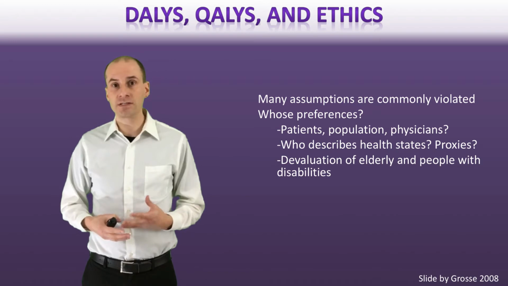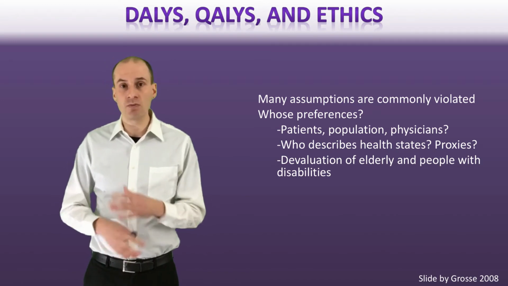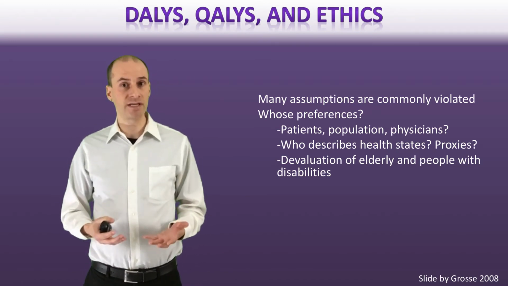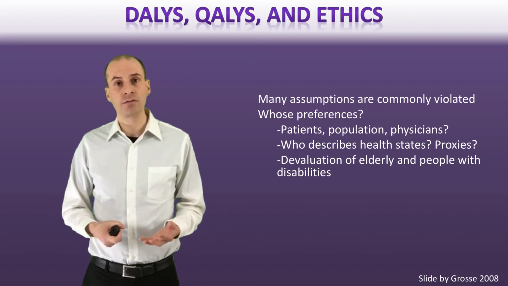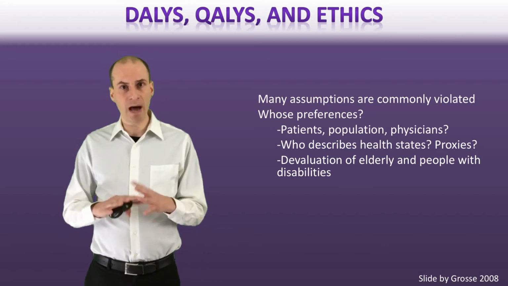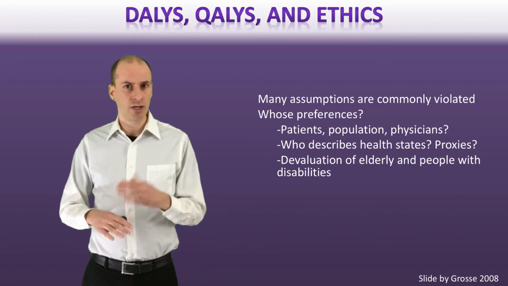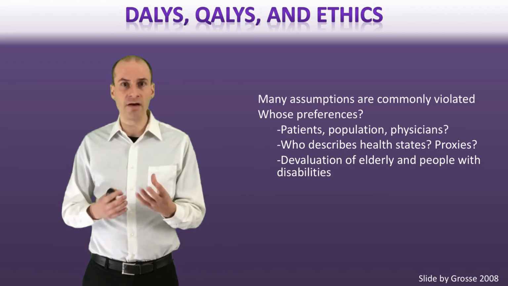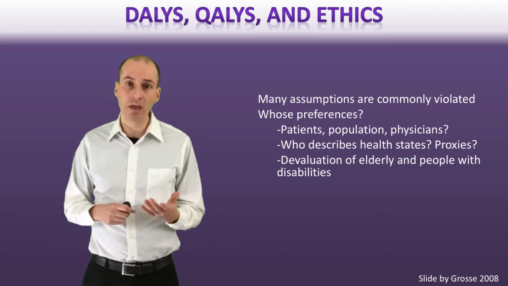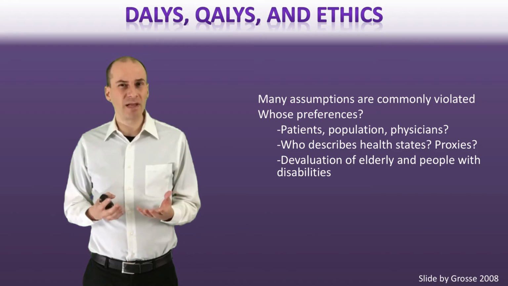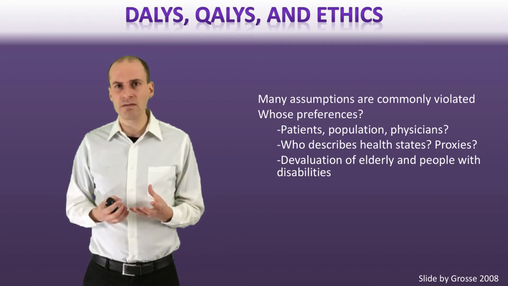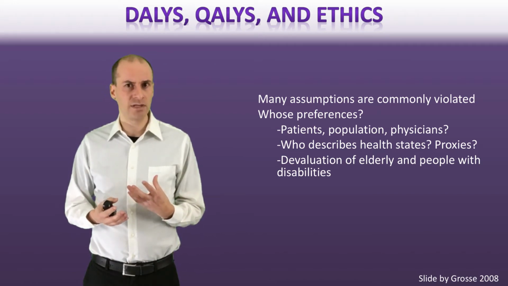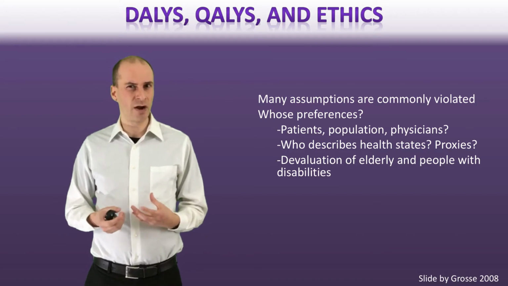Another strategy might be we just do a survey of the overall population to see how people think about a disease, and then we use that population understanding of a condition to rank it on that utility scale. Well, the problem is that the population tends to not really understand these health-related traits very well.